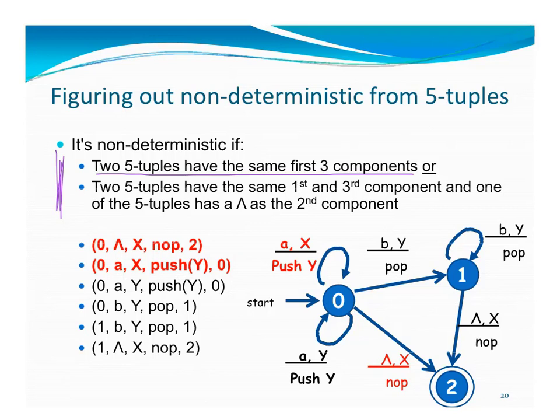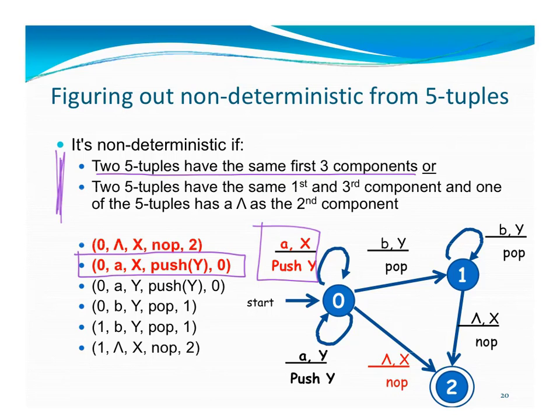And that makes sense because the first component is where you're starting, right? Let's just look at the second line for 1 second, then we'll go back to the first line. So right here, this 0AX push Y, that represents this guy here. Let me maybe circle both of them. So this thing here is the 5 tuple for this particular transition from 0 to 0.